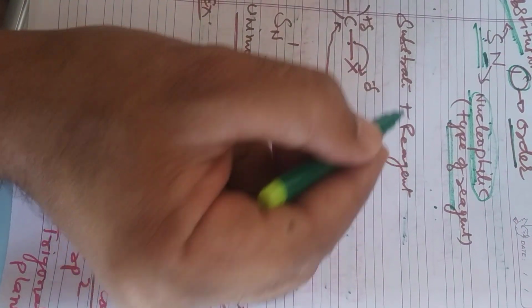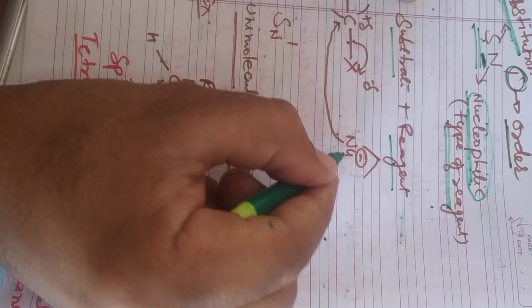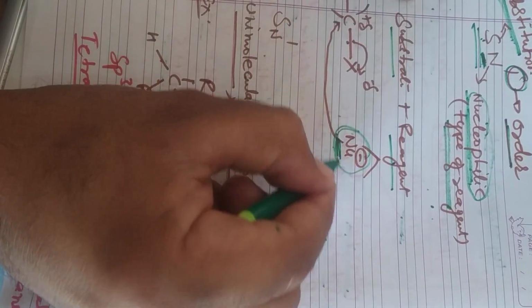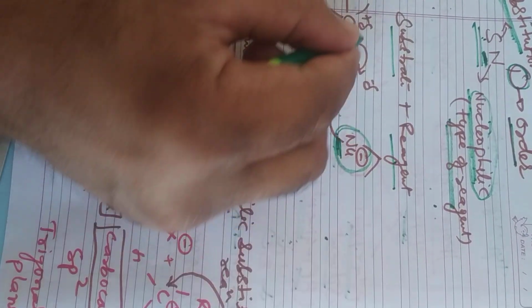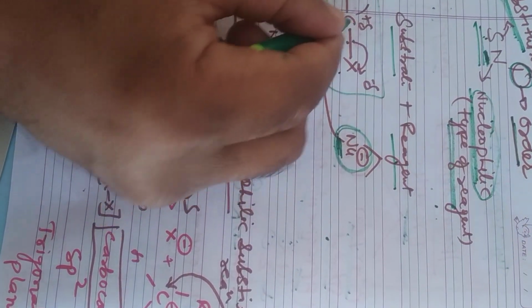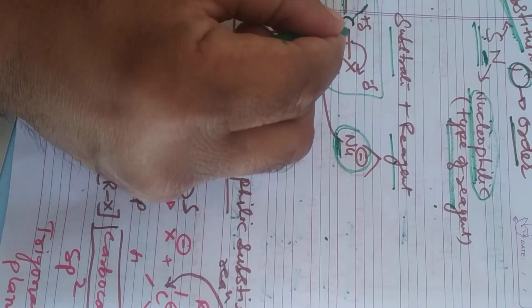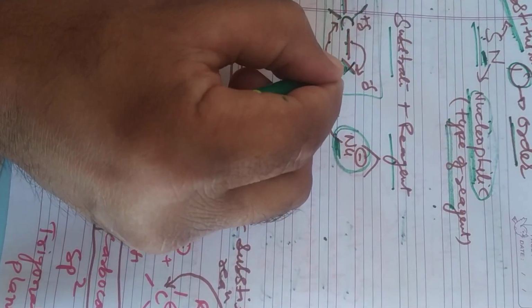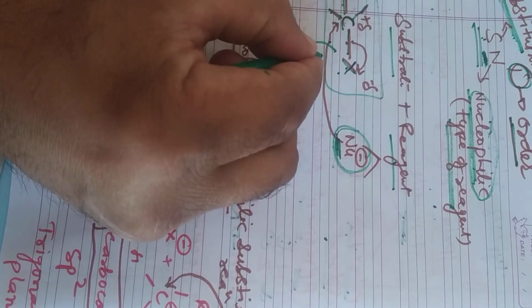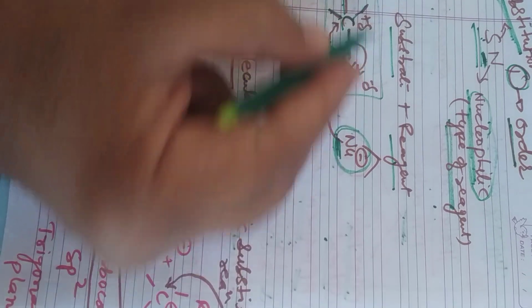In any general reaction there is a substrate and a reagent. In this case the reagent we have to take is a nucleophile. Suppose this one is a substrate, RX. Here carbon has four valencies, 1, 2, 3 and 4, and X is a halogen atom. X may be fluorine, chlorine, bromine, or iodine, any one.